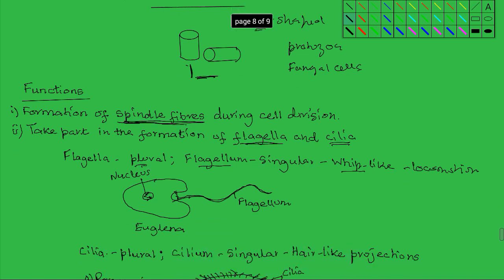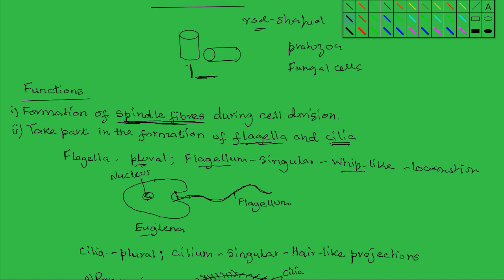Flagella is usually found in unicellular organisms such as Euglena, where it is used for locomotion. It enables the unicellular organism to swim in water, for example.